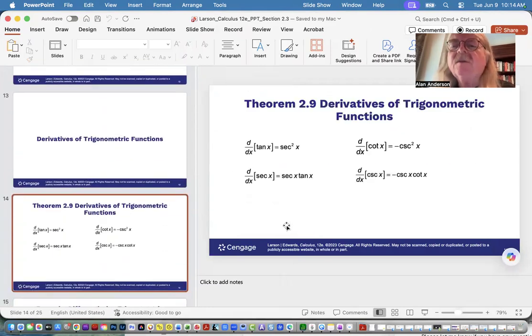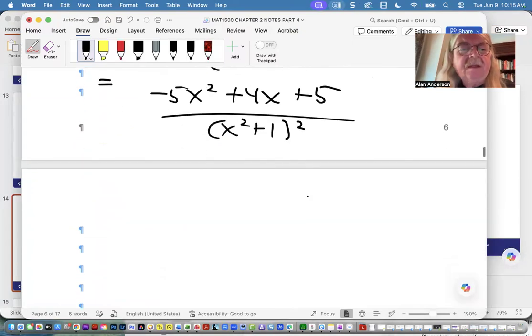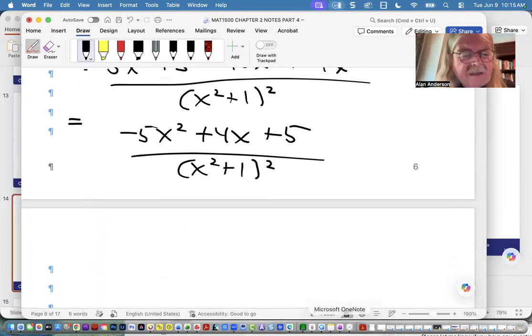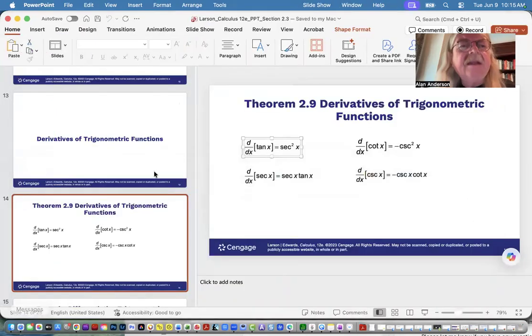Anyway, here's the rest of the trig functions, and so we'll just make a note of these. We'll copy them. I'm sure there are tables. In fact, I just remember that in the beginning of the semester we have all these wonderful tables in Brightspace. I'm pretty sure that I would have included one of these.